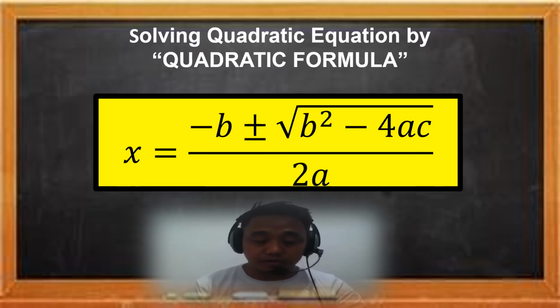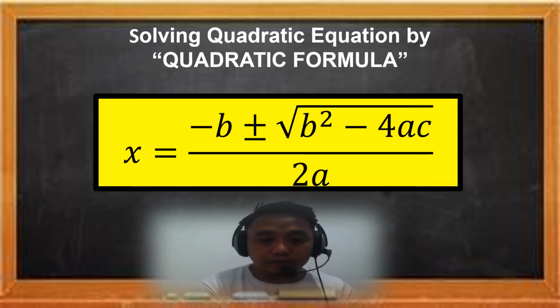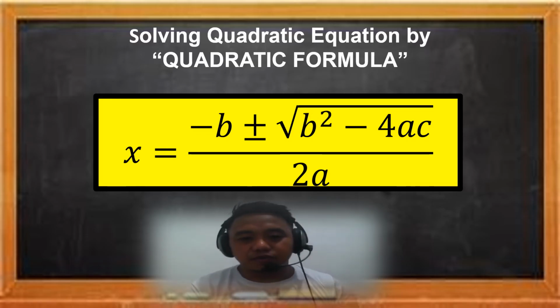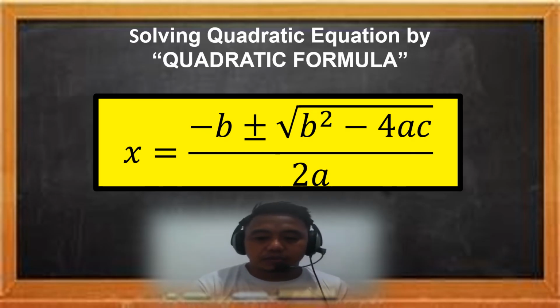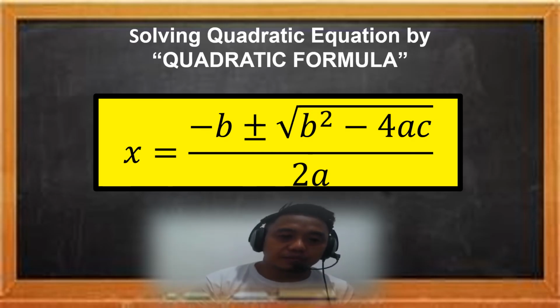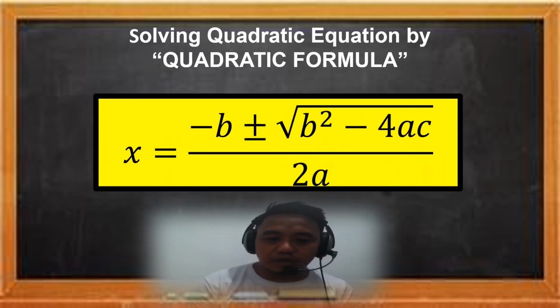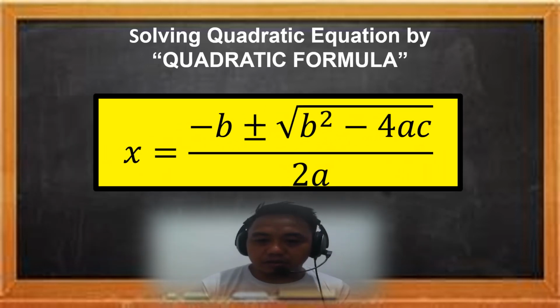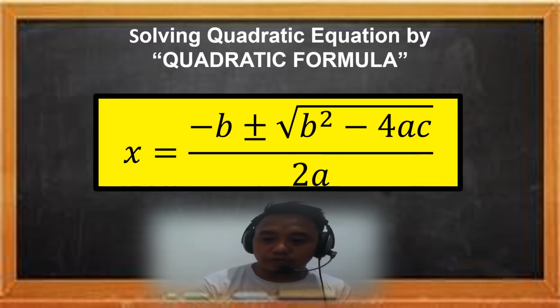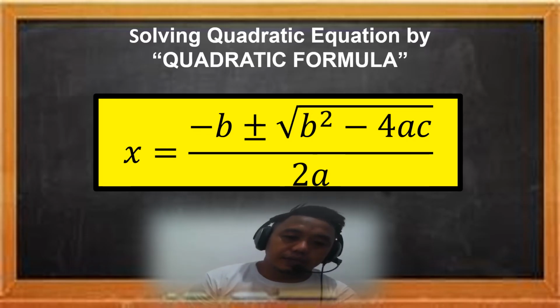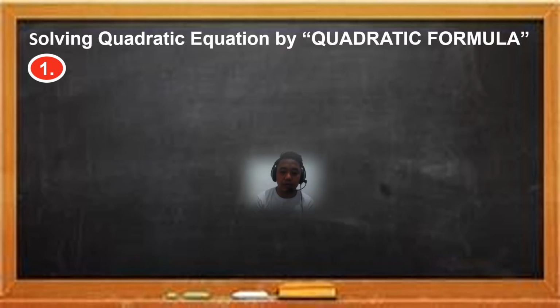So, first step natin, of course, kukunin yung a, b, c. And then, plug in na lang diyan. So, ito yung pinakamadali kasi merong formula. No? So, ilalagay mo lang yan dun sa formula mo. Tandaan mo yung formula na yan. x equals negative b plus minus the square root of b squared minus 4ac all over 2a. Okay. So, let's have an example.